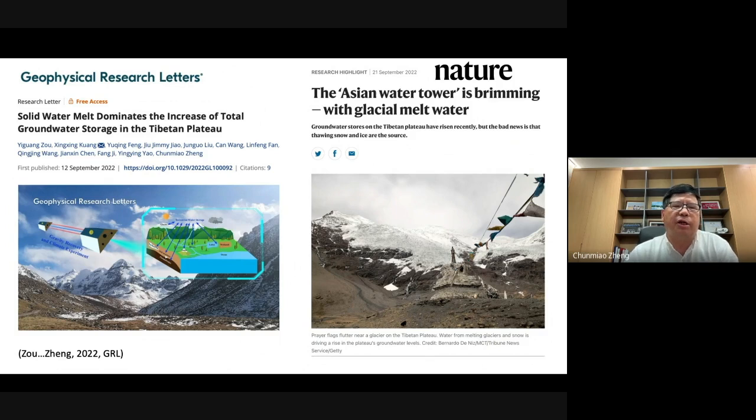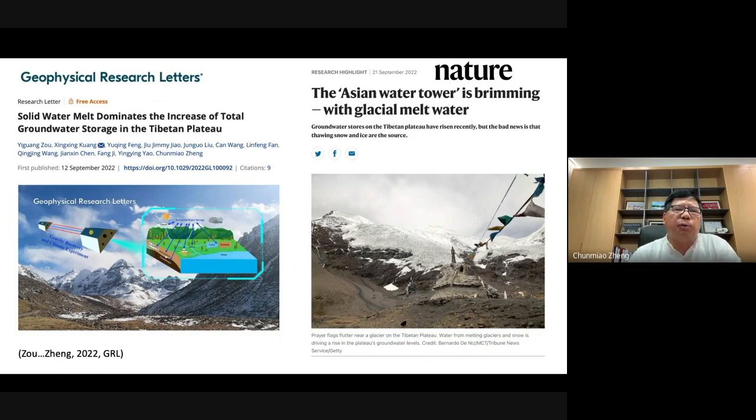In this case, we can look at a very large region and at the storage change based on the gravity anomaly. In this work, we found that the liquid groundwater storage in the Tibetan Plateau is increasing, but it is increasing because of snow and glacial melting.